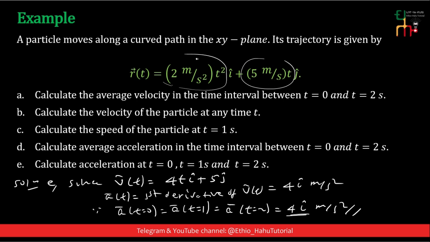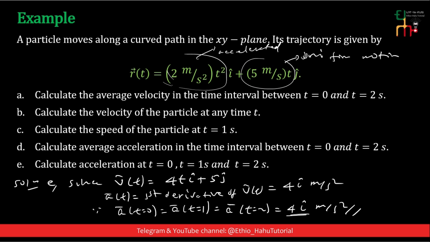Therefore, this part is the accelerated part, but the type of acceleration is constant in this case because of this degree. The degree of this component is 2. Due to this, the acceleration of the system is constant along the x-axis. The leading degree of this component is 1. Due to this, this is uniform motion. This one is unaccelerated motion.